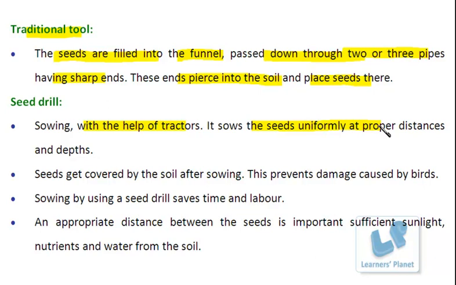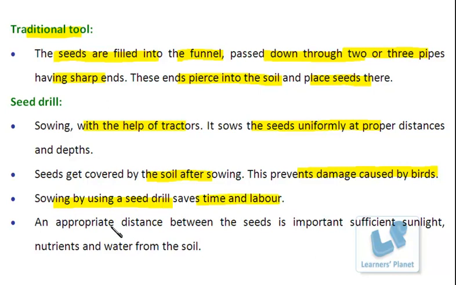As the drill moves forward, the seeds get covered with soil, and this covering prevents damage, which is usually caused by birds. Of course, sowing with the seed drill saves a lot of time and labor.